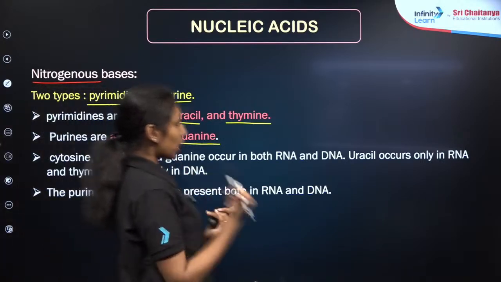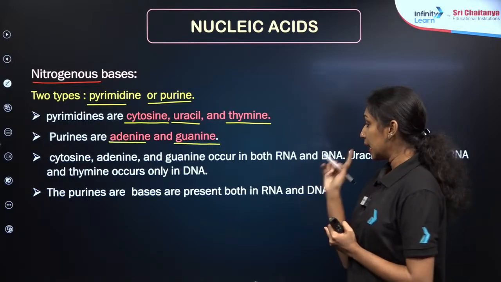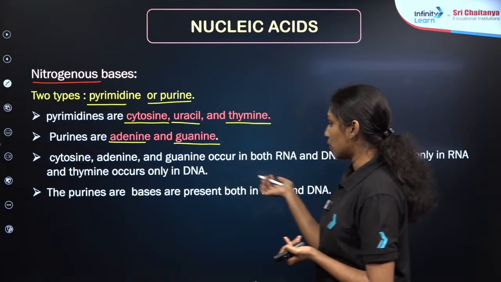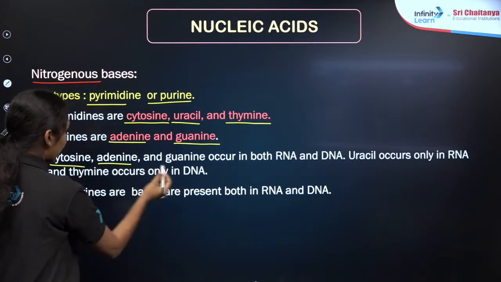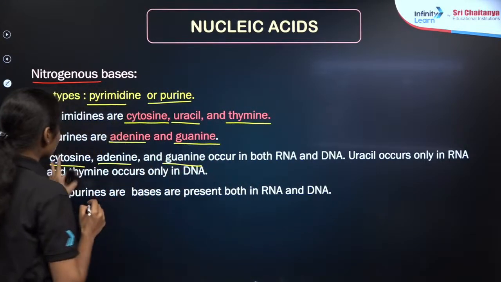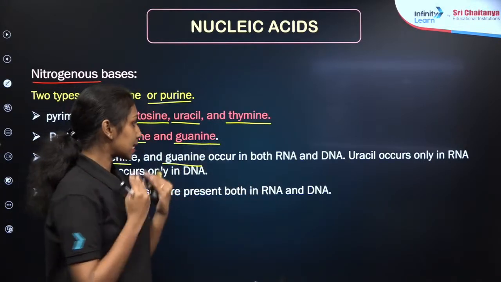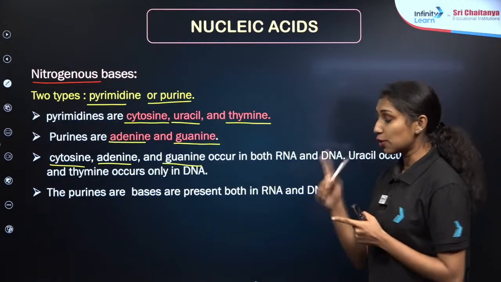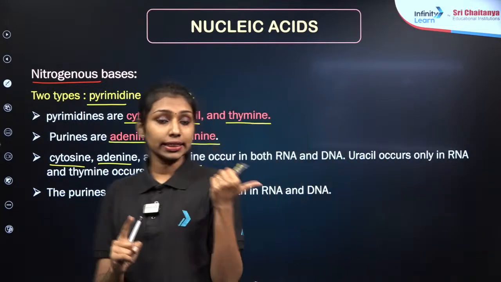So in terms of nitrogenous bases, we can define DNA and RNA. Cytosine, adenine and guanine occur in both RNA and DNA. When you are discussing the structure of RNA and DNA, there will be a difference in one of the nitrogenous bases, that is thymine and uracil.